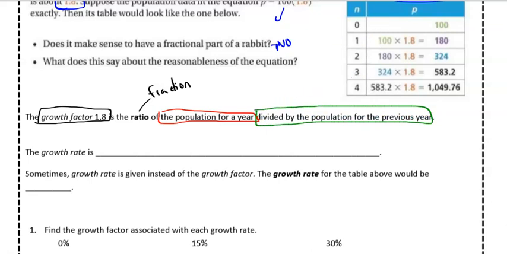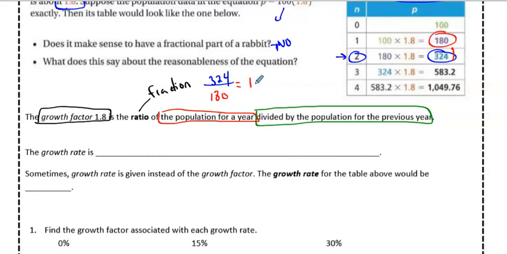So let's think about that. We have a ratio, a fraction, so here's my fraction. There's a numerator: the population for a year divided by the population for the previous year. Pick a year: 0, 1, 2, 3, 4. I'm going to pick year 2, so the population is 324, divided by the population of the previous year, which was 180.